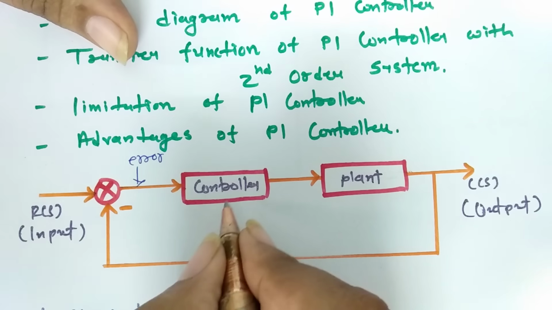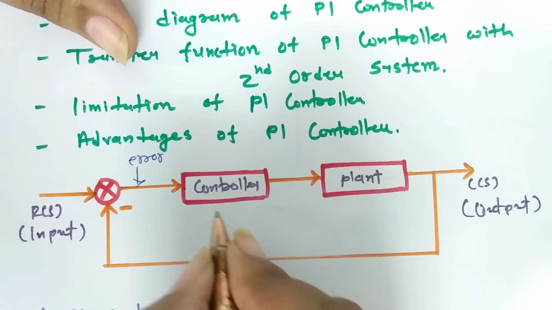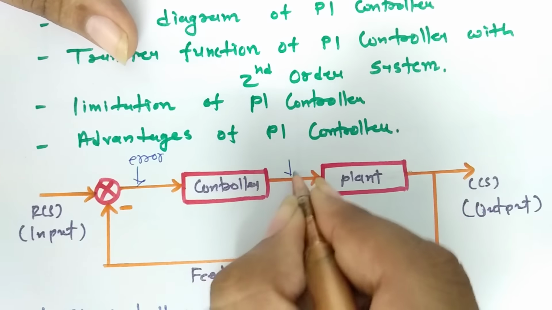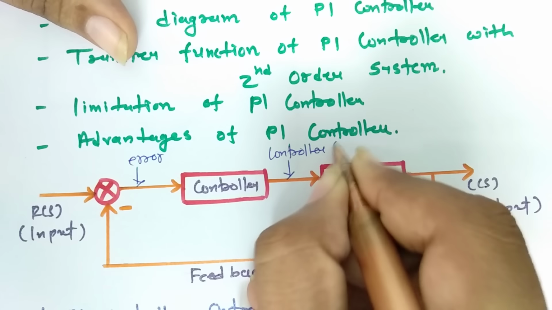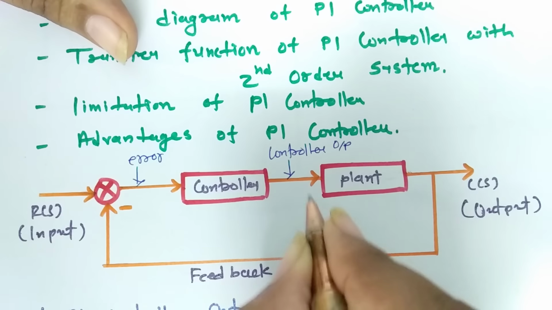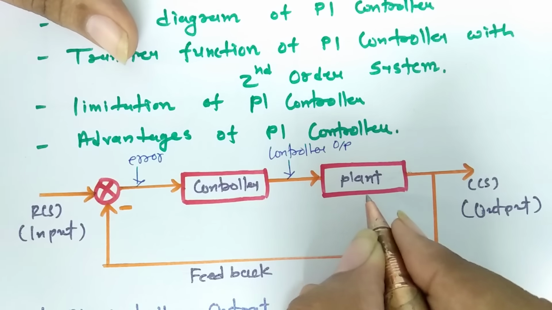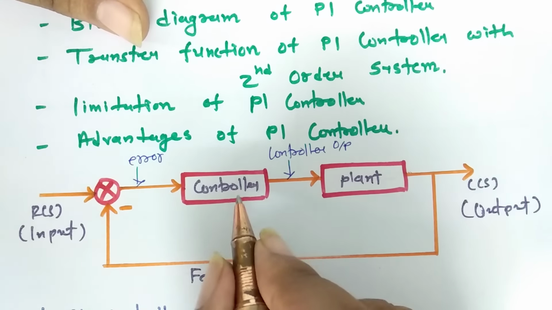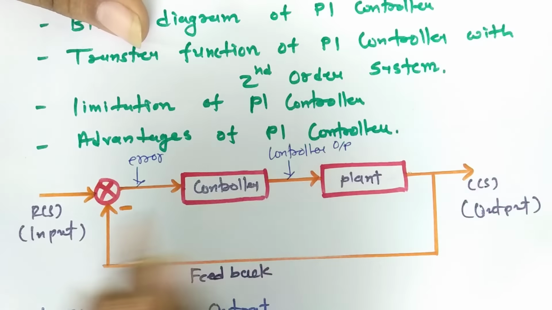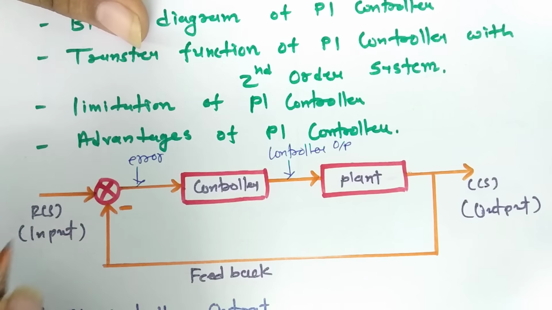Now based on error signal, controller is controlling that error signal, and based on that it gives controlled output, and which is what input that is being given to plant. So ultimately to control plant we have controller, that is what functioning based on error signal, that is a difference in between input and output.